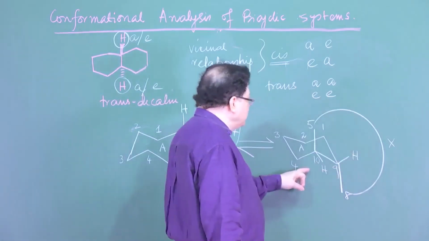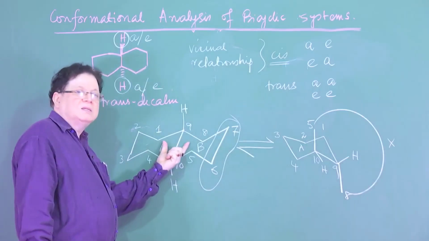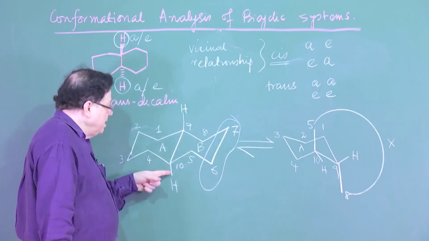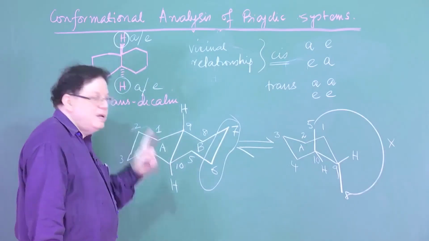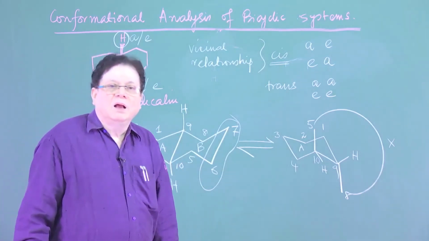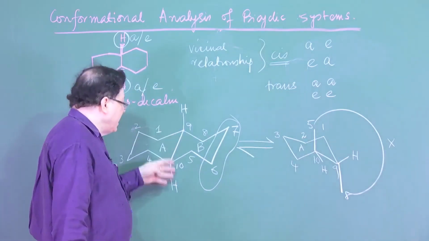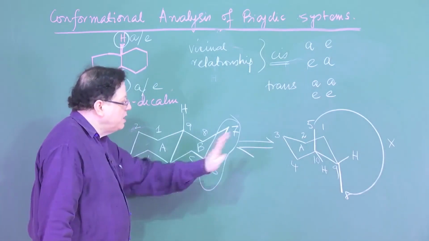Okay. That is why this form does not exist. So, whenever you have a trans-decalin system in a molecule, the substituents at the ring junction have to occupy axial, diaxial positions; diequatorial is not allowed.